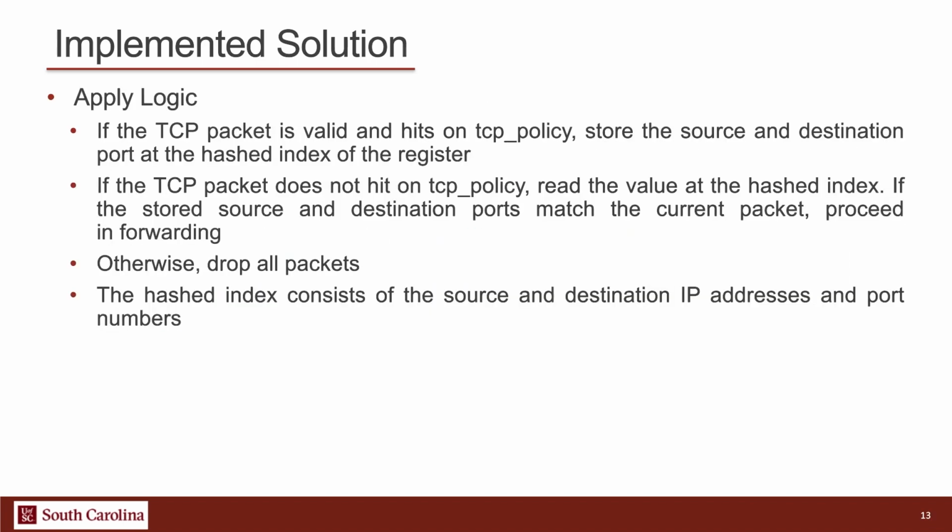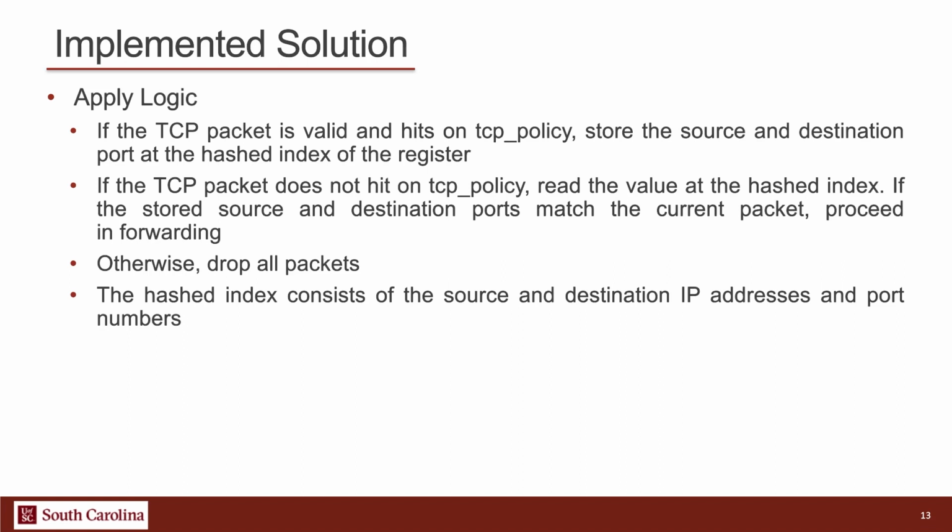As for the TCP apply logic, if the TCP packet is valid and hits on the TCP policy table, then we store the source and destination port at the hash index of the register, similar to the ICMP policy. If the TCP packet does not hit on the TCP policy, then we instead read the value at the hashed index. If the stored source and destination ports match the current packet, then we proceed with forwarding.